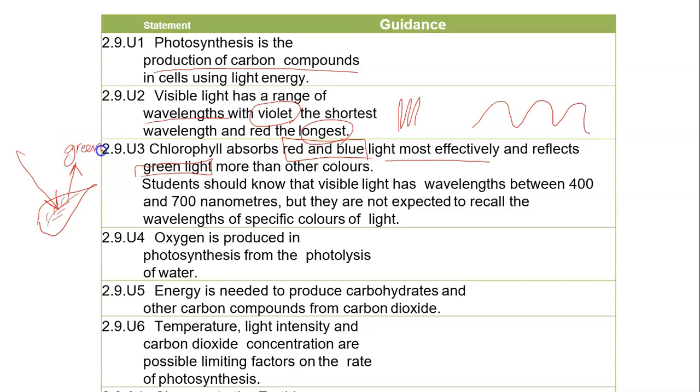So if the leaf is reflecting green, this means that what we can see as a reflection is green, and it absorbs blue, so we don't see blue color, and it absorbs red, so these two colors are absorbed by the leaves, and we don't see them in reflection.